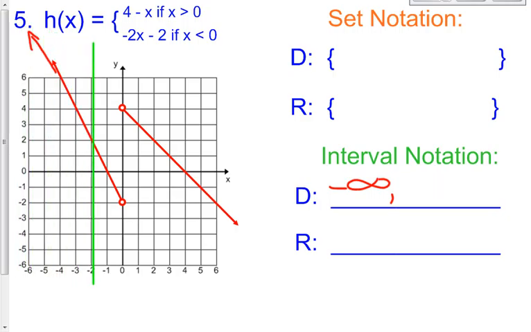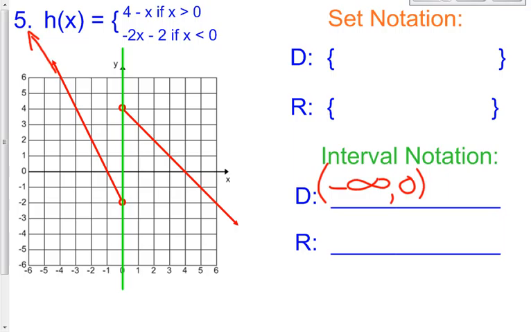I go right, right, right, and I have to stop right there, don't I? Because it does not include my x value of 0 right here, because that's an open circle. Nor does it include my x value of 0 right here, because that is an open circle. So I have to stop at 0. There is no x value of 0 in this graph.